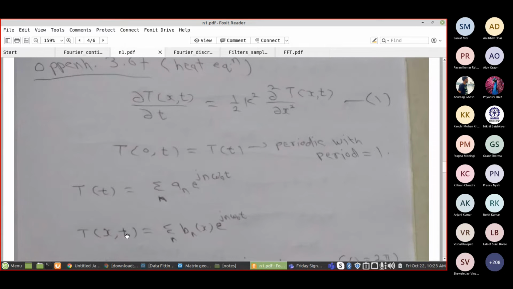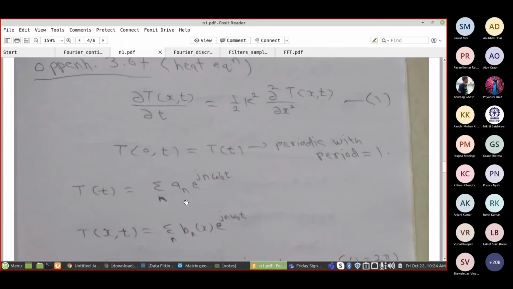So we are using this trick of separating the x and t variables, sort of decoupling them. Now, assuming this form of the solution of the heat equation, we have to make this consistent with the initial condition, and this also needs to solve this equation, of course.